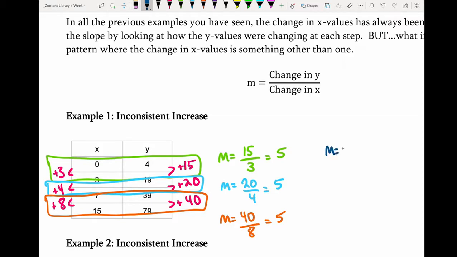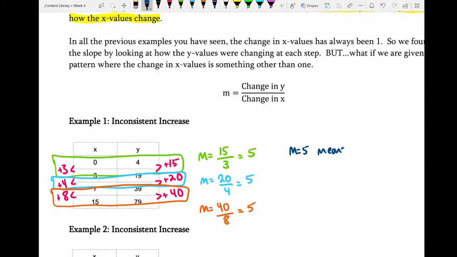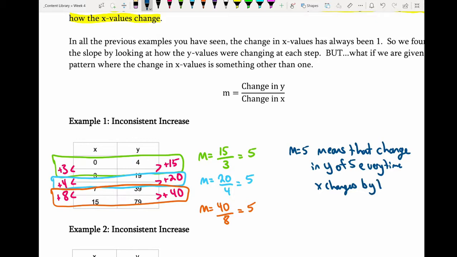So that m of 5 means a change in y of 5 every time x changes by 1.